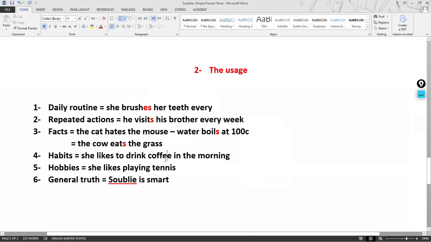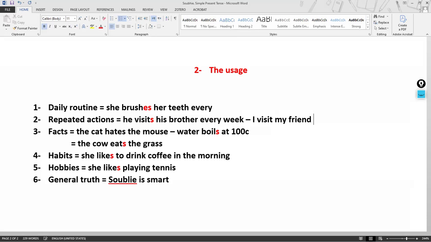And if we use you or I or they, don't add anything, Subhi. For example, if I want to say I visit my brother every week, notice that I add nothing to the end of the verb. I visit my friend.